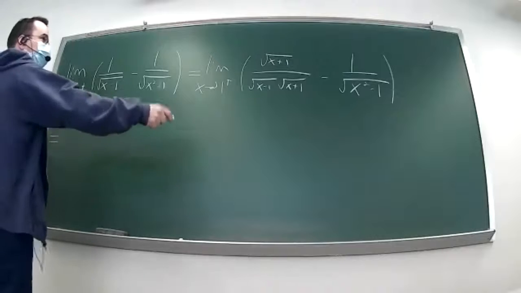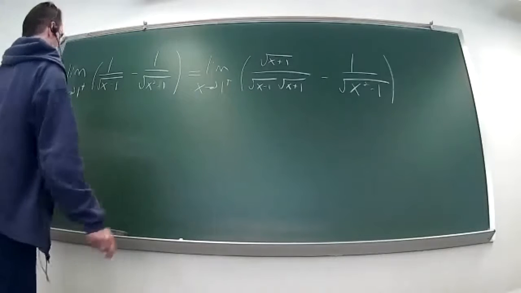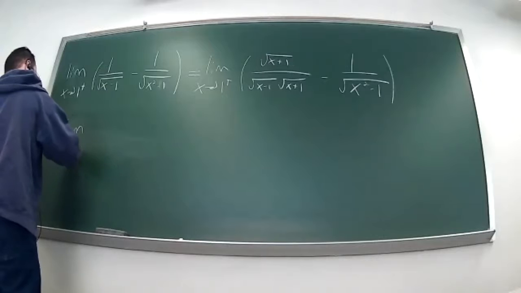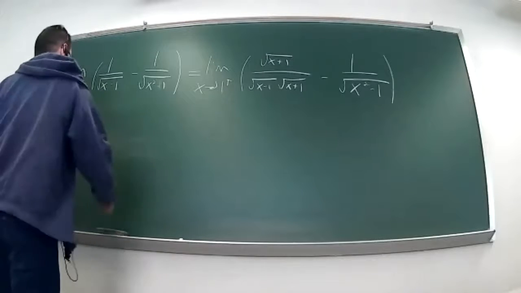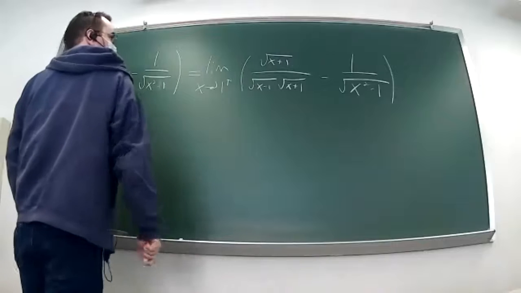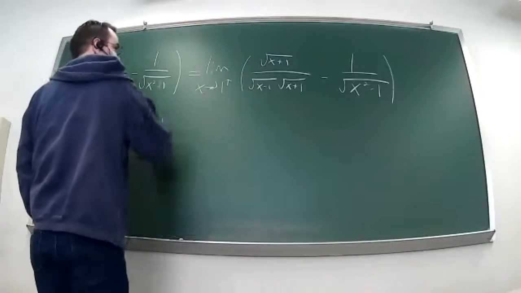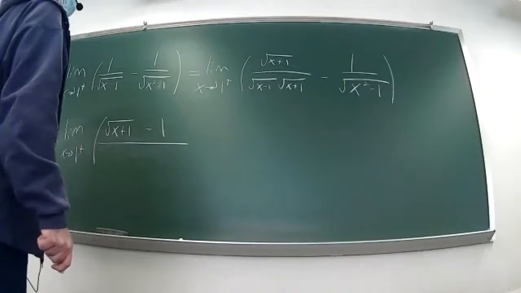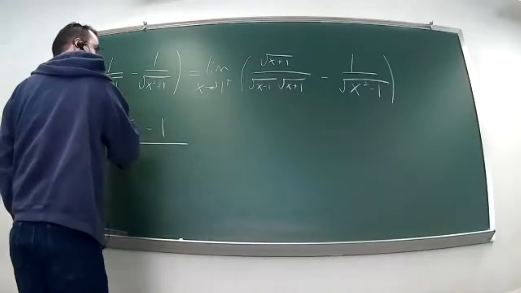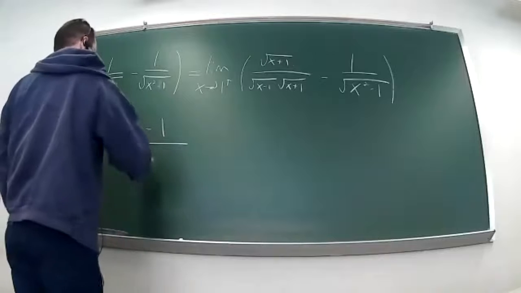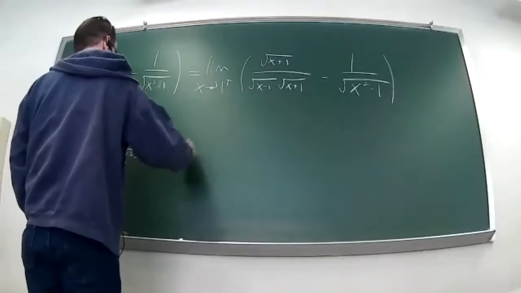So let's put this over a single denominator now. Square root x plus 1 minus 1. Everything divided by square root of x squared minus 1.